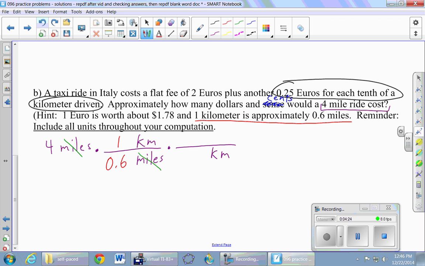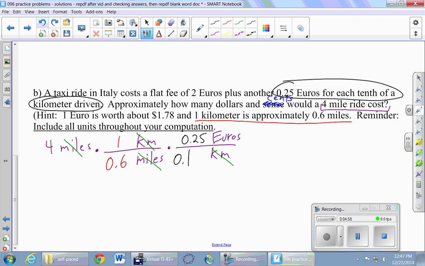And what's circled up there in black tells me that I can convert between euros and kilometers. So we're going to put euros up here. And now according to what's in black, each tenth of a kilometer is 0.25 euros. So I think it's fair to write that fraction and to say that that fraction is basically equal to 1, because every 0.25 euros is equivalent to a 0.1 kilometer ride. Okay, still canceling. We now have an amount of euros.